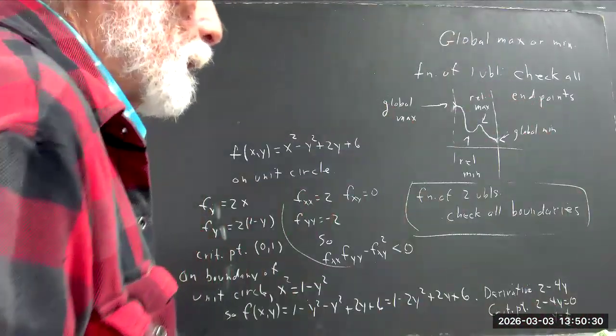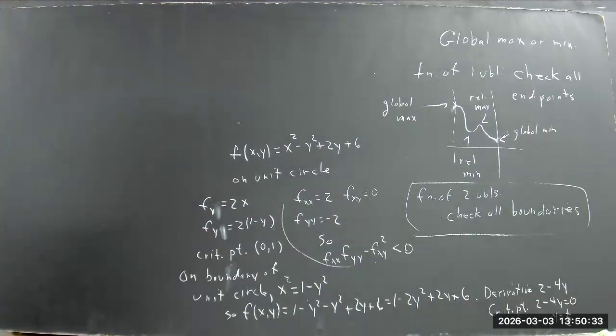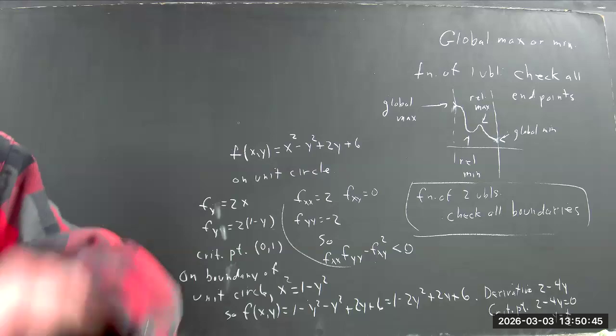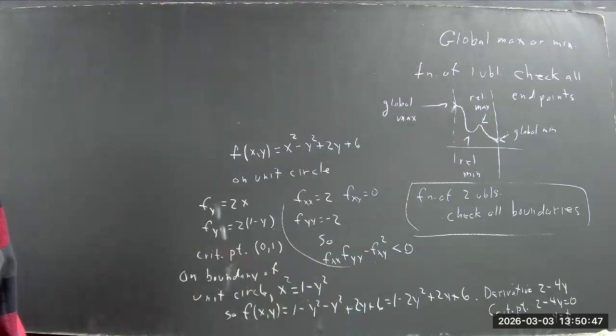Looks like you've got a critical point at y equals 1/2. And then your second derivative is negative 4, which means it's concave down, so that's going to be a max.